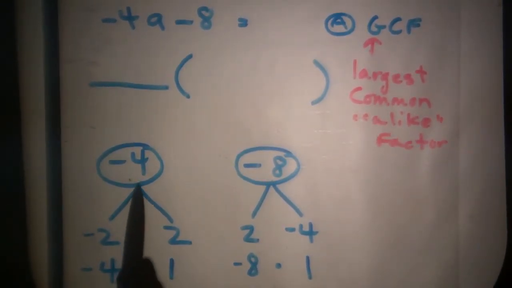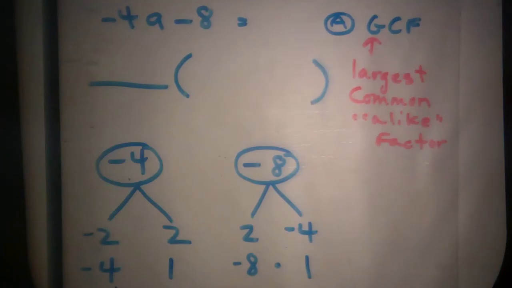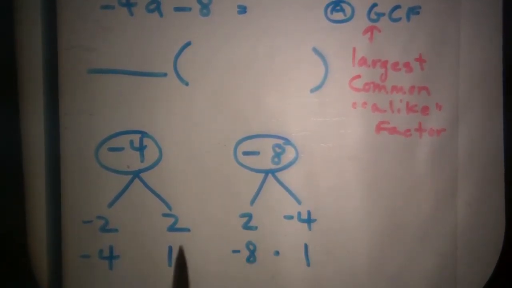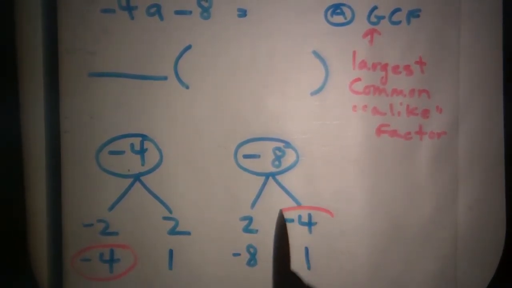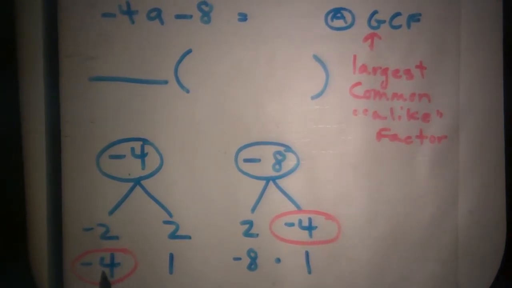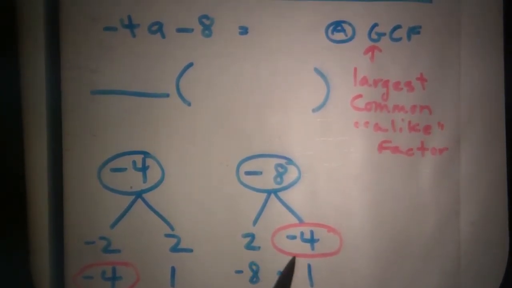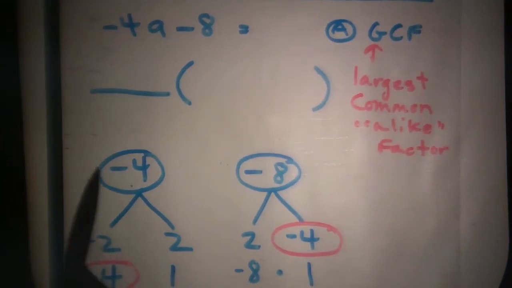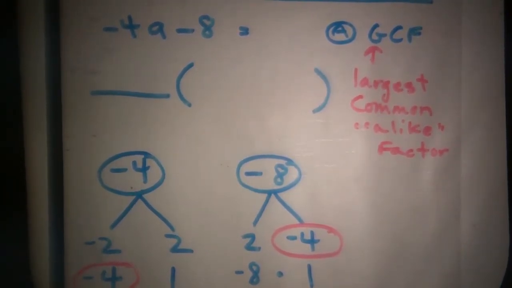So if I look between negative 4 and negative 8, the largest number that they both have is a negative 4, or 4. I choose to make it a negative 4 because I see that both of these numbers are negative.